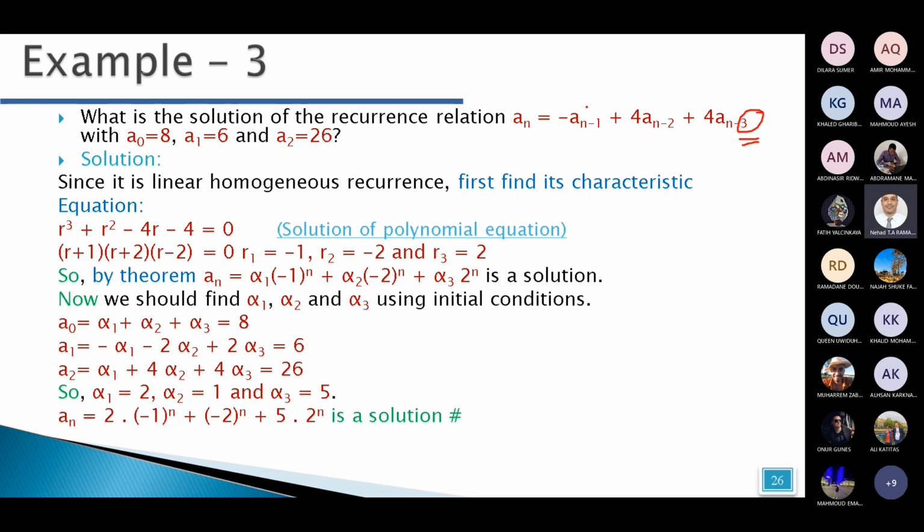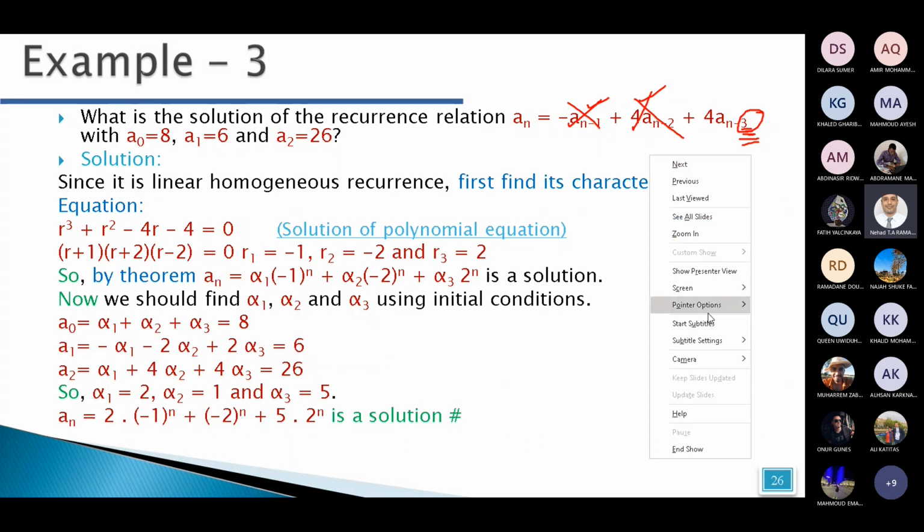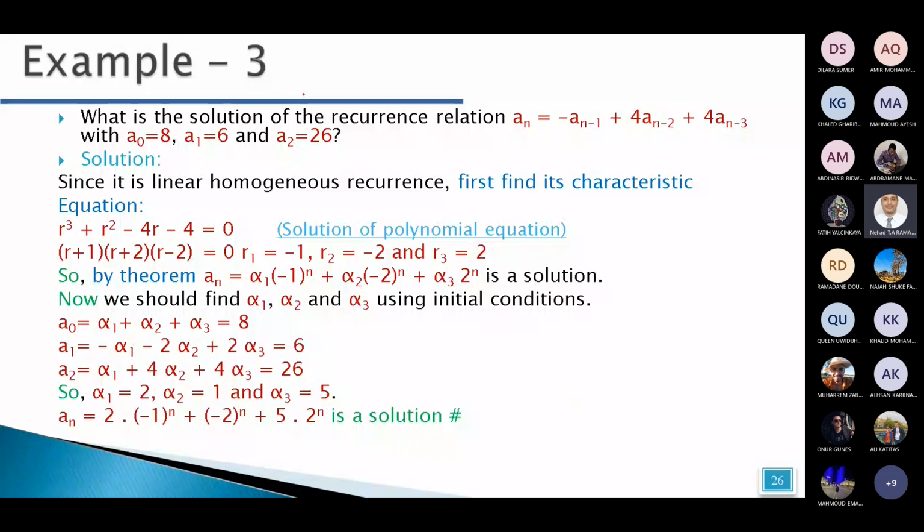And degree doesn't depend on how many terms you have. If you don't have this one and this one, it's still degree 3. Why? We look at the last number here. It's -3, so it's degree 3. Okay? Here we have 3 initial values or initial conditions.